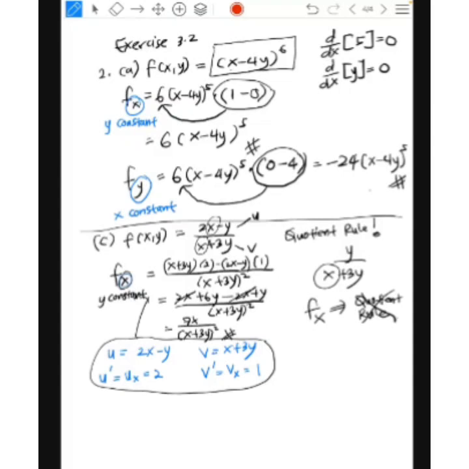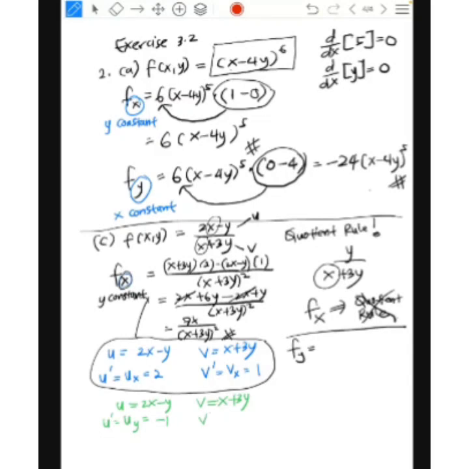And then same with Fy. If you want to use Fy now, the difference is, UV still sama. U awak adalah 2x minus y. V awak adalah x plus 3y. However, when you want to differentiate U, you have to differentiate with respect to y now. No longer with respect to x. So if you want to differentiate with respect to y, you will have 0 minus 1, which is negative 1.